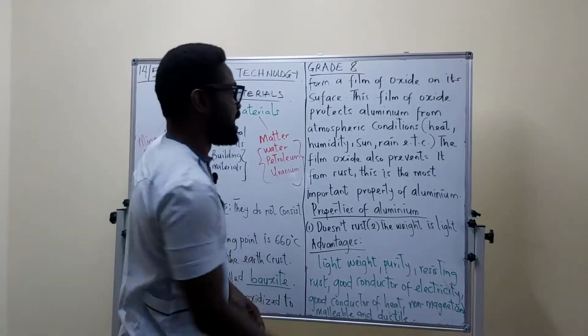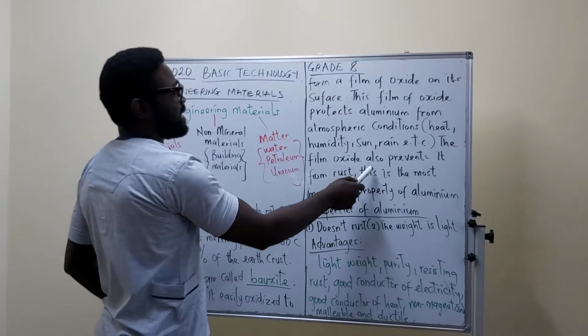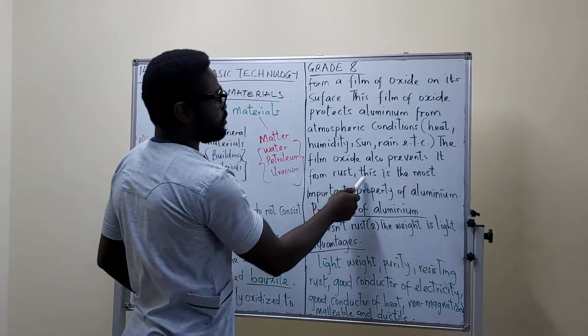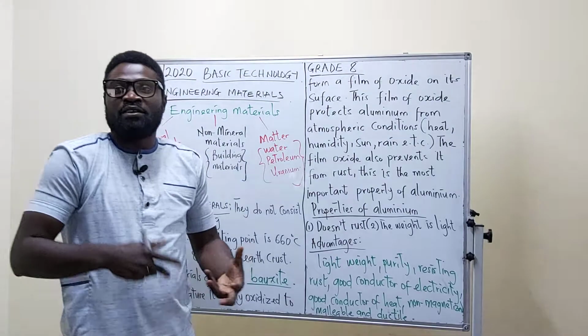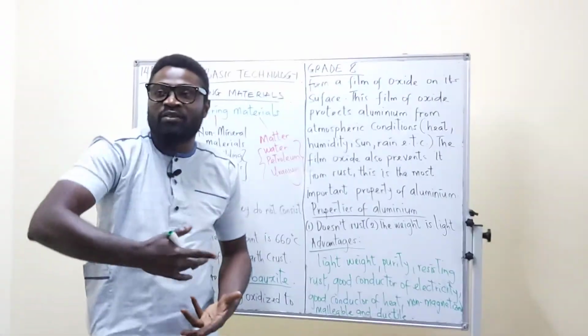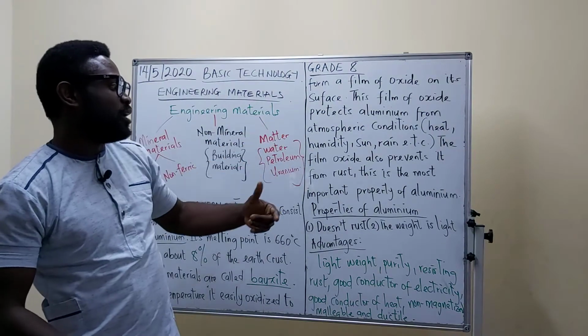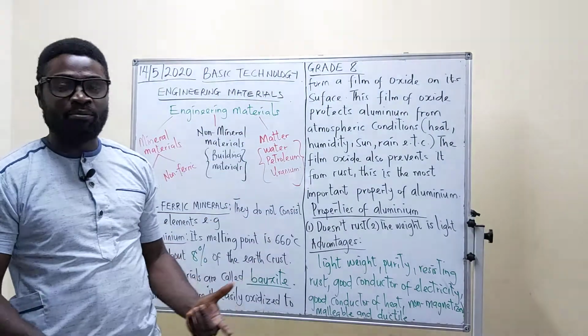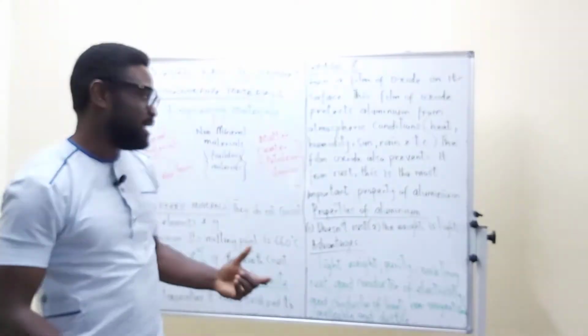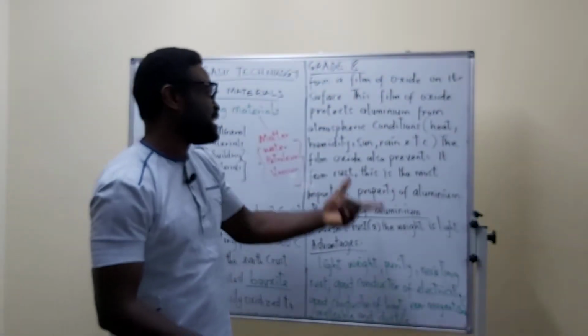Now, the film of oxide also prevents it from rust. So you can see that the film of oxide produced on the surface of aluminium under natural condition is something very positive. How do I mean? This film of oxide protects it from corrosion.